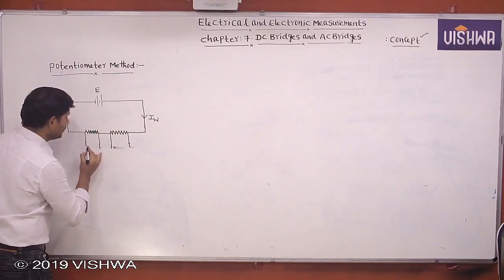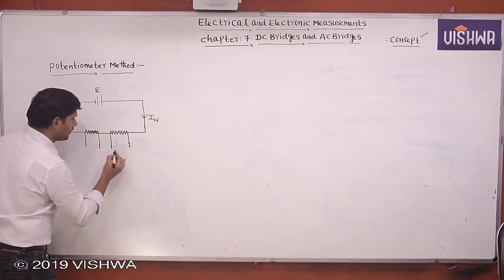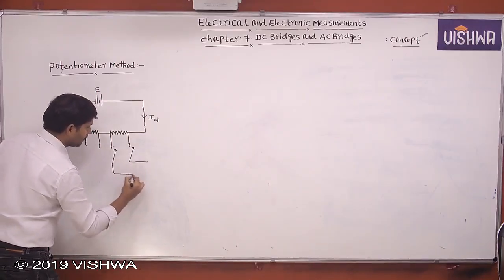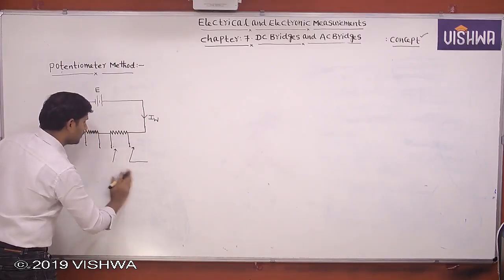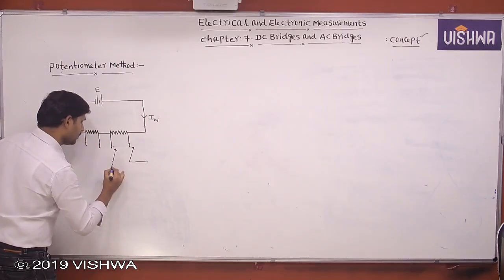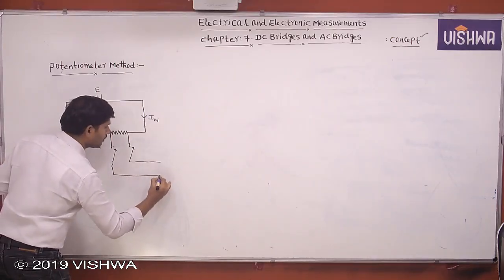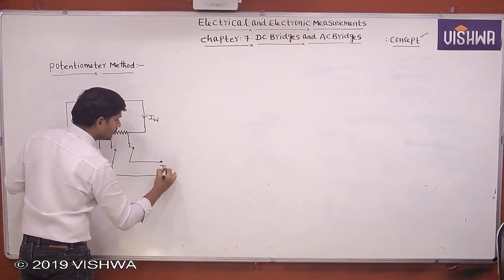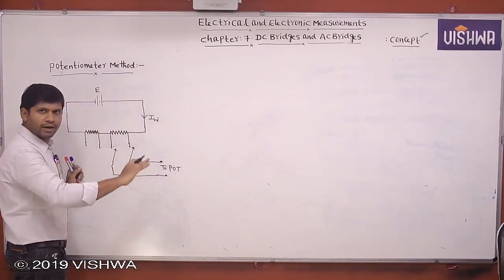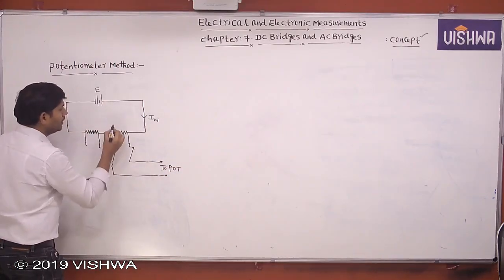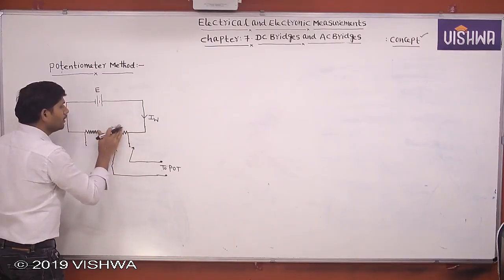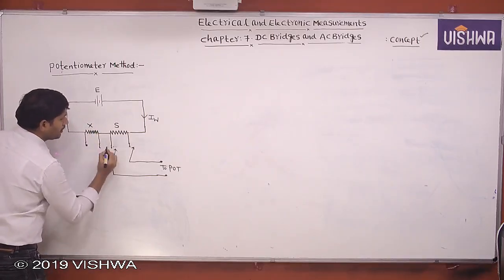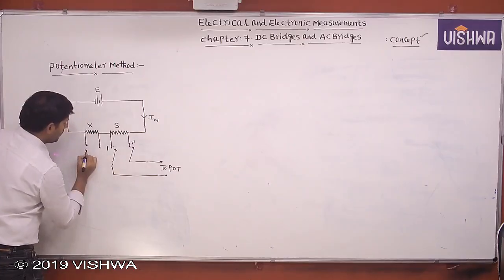This arrangement we can use. This is the potentiometer part. Here I am not drawing the total potentiometer circuit. Let S be the standard known resistance, X the unknown resistance. Let this be 1 dash and this be 2 dash.